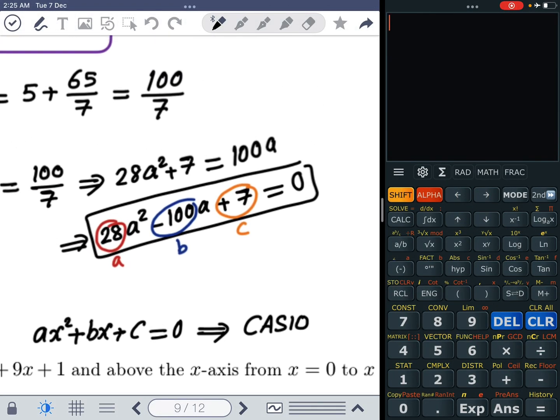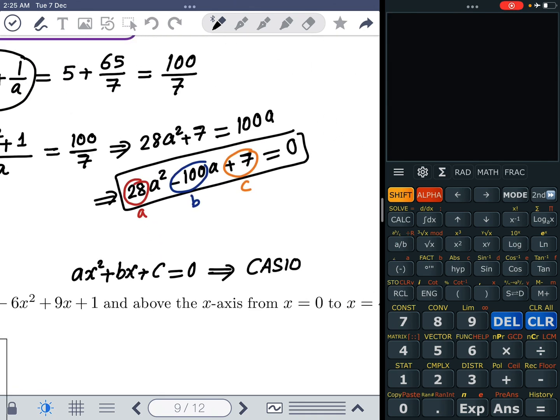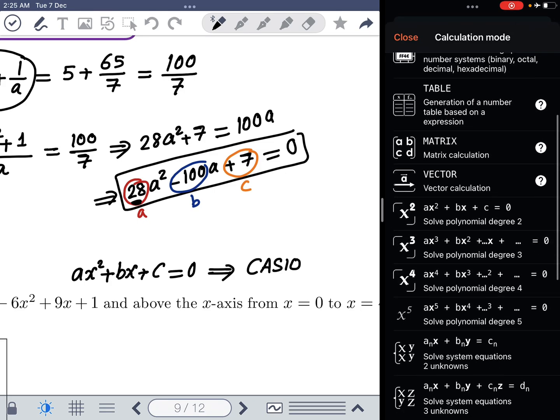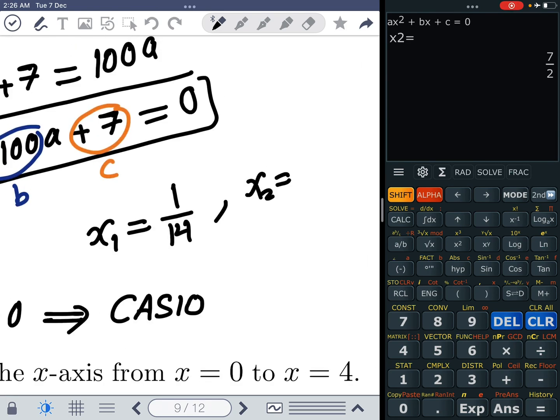Of course, don't mix up the a that we have here with the a of the parabola. Forget the parabola that we call it a. Mode, solve polynomial degree 2. It's asking you the a, 28, the b is negative 100, and the c is 7. So the first answer is 1 over 14, and the second answer is 7 over 2.